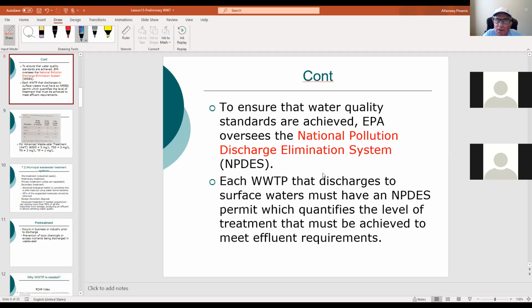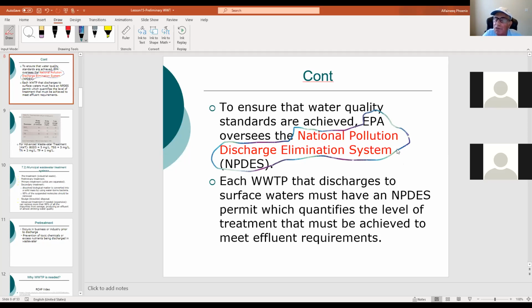As I said, you don't have the right to pollute the waters of the United States. Whenever you have a wastewater treatment plant, you need to get what we call a permit. It is the National Pollutant Discharge Elimination System permit. You take that either from the EPA, Environmental Protection Agency, or your local authorities. You need a permit to discharge the water from the wastewater plant after you clean it into the waters of the United States.